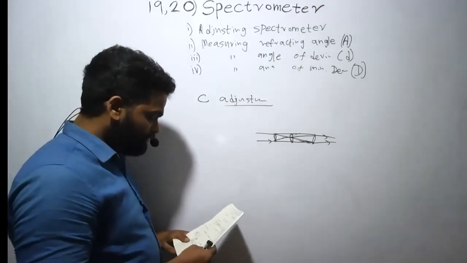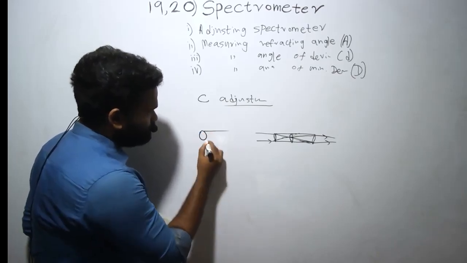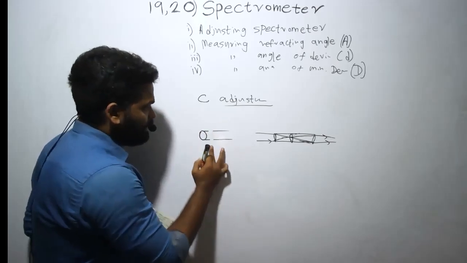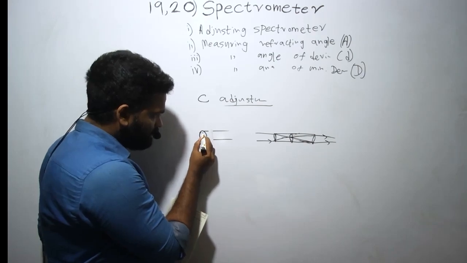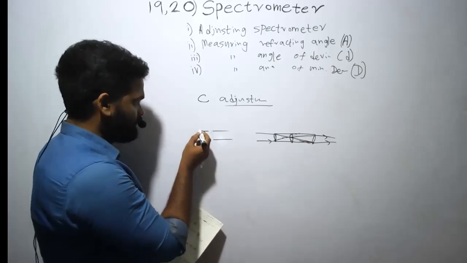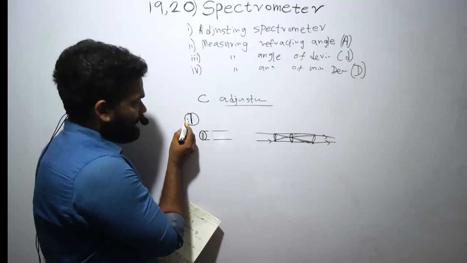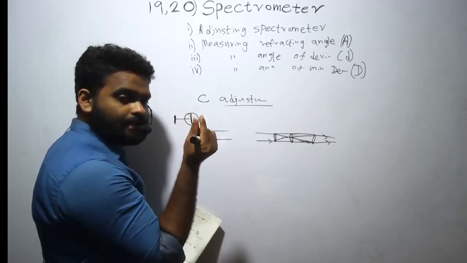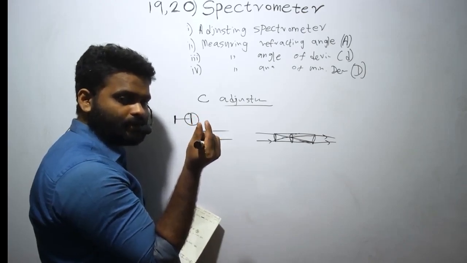So I told you about the collimator earlier, a little bit. The collimator is also just a pipe, similar to the telescope. This pipe contains a small, thin opening, which we call the slit. When you look from this side, you see something like this. And there's a knob here. By rotating the knob, you can change the thickness of that opening.